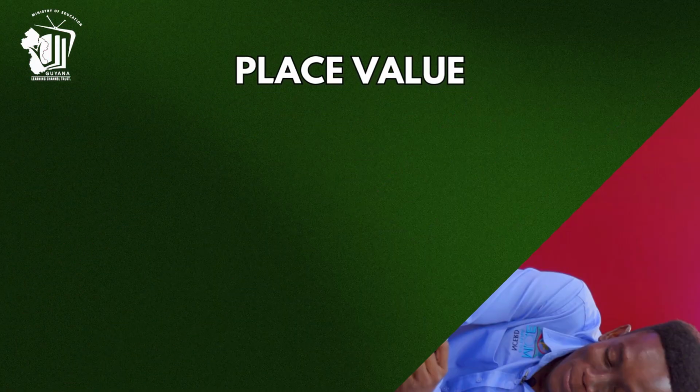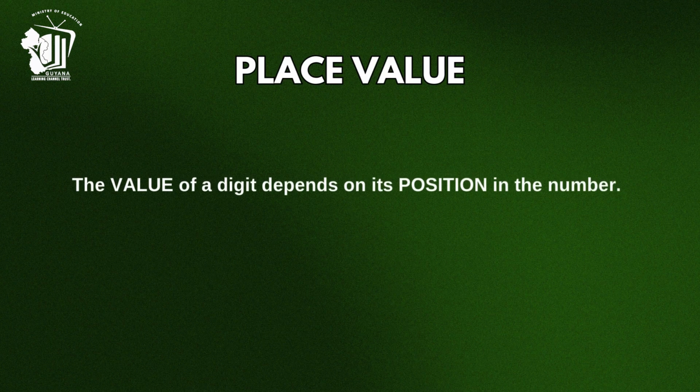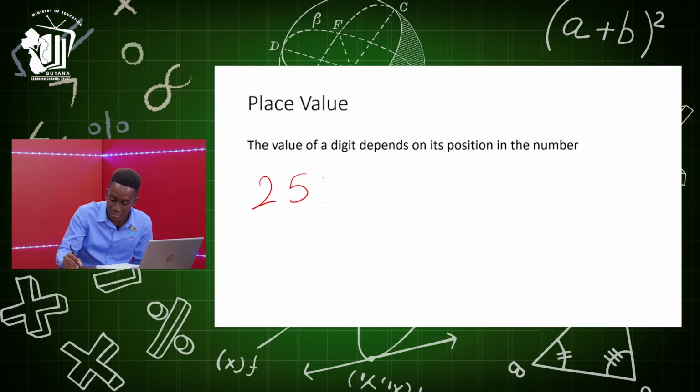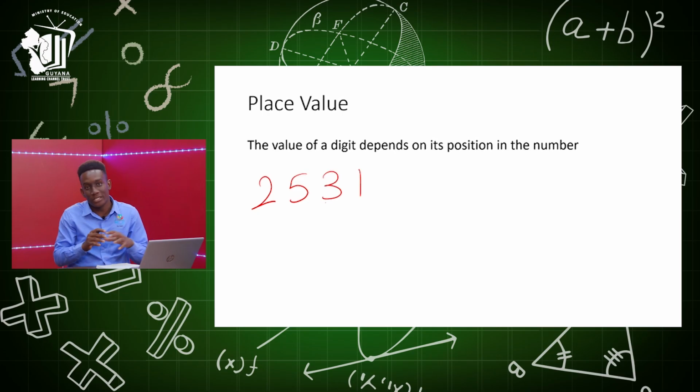So let's head straight into the first topic, place value. Now the value of a digit depends on its position in that number. So let's say we have the number 2531 and we want to identify the place value of each digit in this number.